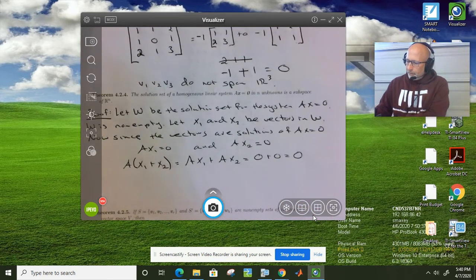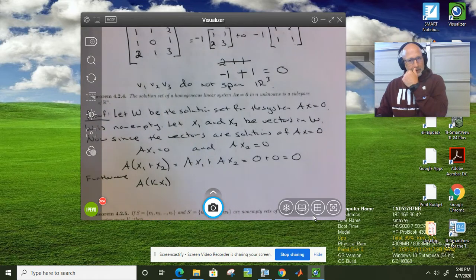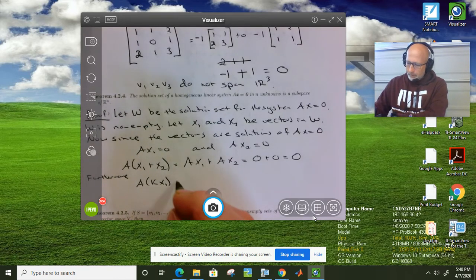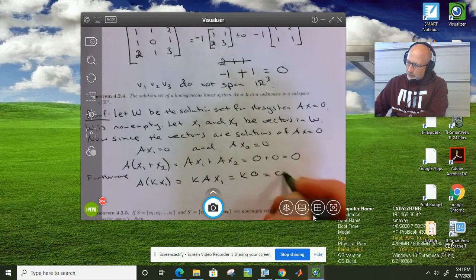Okay. So furthermore, I have A times kx1. Okay, I'm going to show that it's closed under scalar multiplication. So I'm taking k times that vector x1. Well, we know that this is equal to k times Ax1, which is equal to k times 0, which is equal to 0.